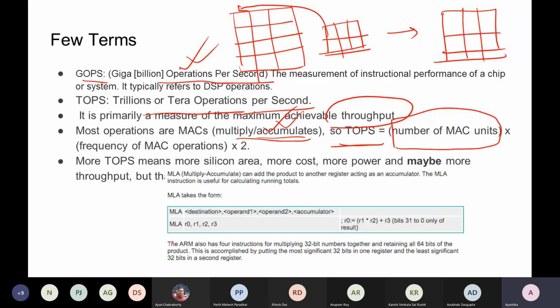This is coming from the instruction supported by the ARM processor, where if you want to do some multiplication and then one addition, you can do that in a straightforward way with one instruction that is called MLA. That's why I have taken this example. See, what this MLA tells you, you are specifying one destination.